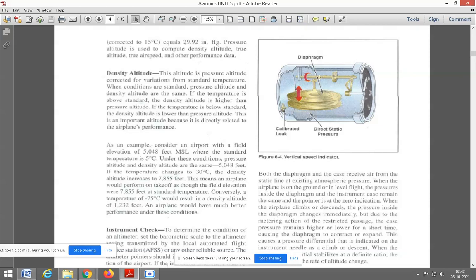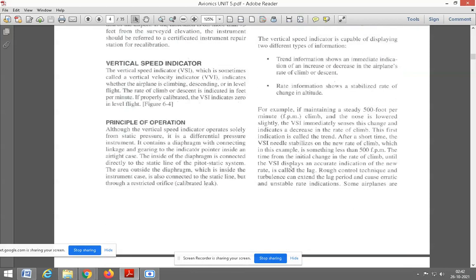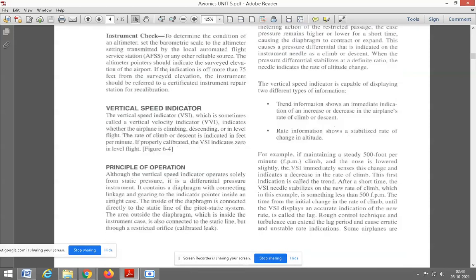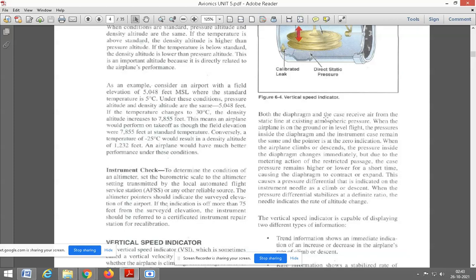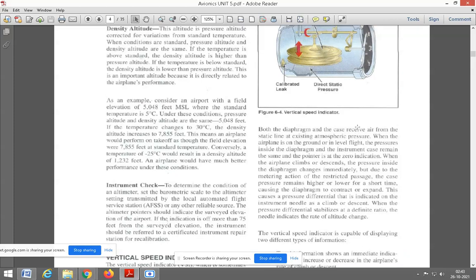The diaphragm is connected with your needle in the inner part. The outer part is fully covered. It is a closed case. So both the diaphragm and the case, this is your case, the covered case.